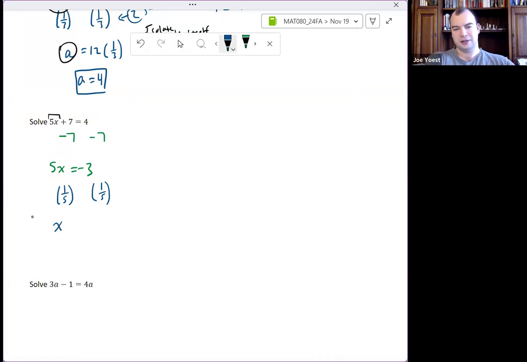That's on the left-hand side. And on the right-hand side, I have -3 times 1/5. Not a whole lot of simplification I can do here, but I can write this as a single fraction. Can say x equals -3/5.